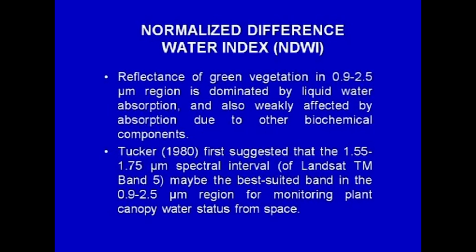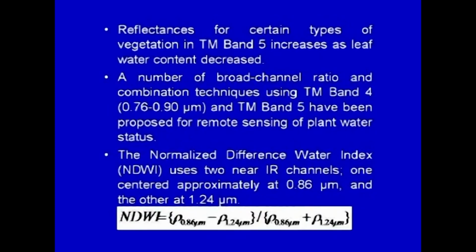Tucker in 1980 first suggested that in the region of 1.55 to 1.75 micrometer spectral interval, Landsat TM band 5 may be the best suited band in the 0.95 to 2.5 micrometer region for monitoring plant canopy water status from space. Reflectance from certain types of vegetation in TM band 5 increases as leaf water content decreases.